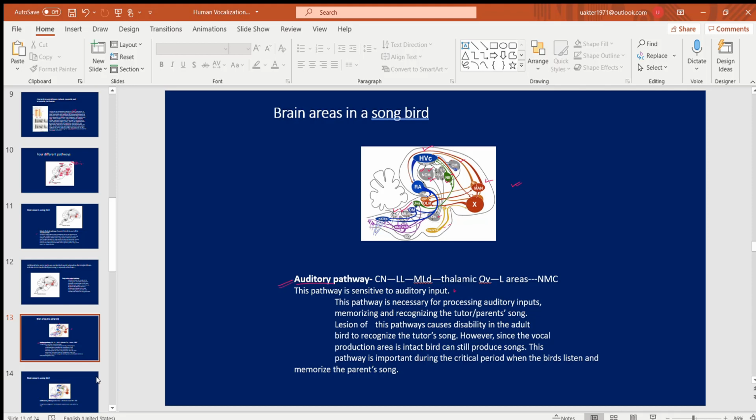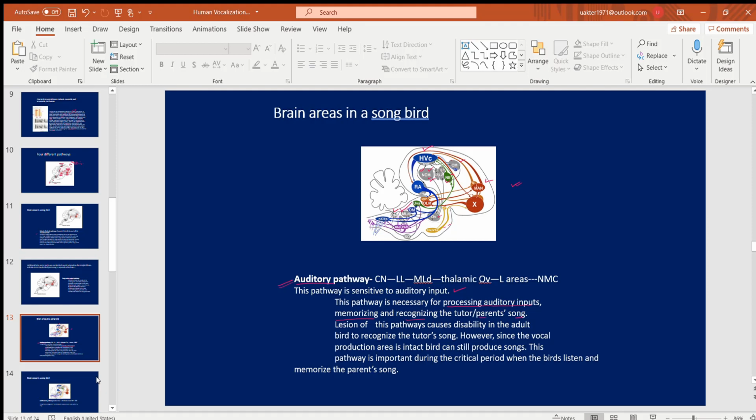So when the pupil listens to the parent song, these structures are activated to acquire that song. So this area is responsible for processing the auditory inputs as well as memorizing and recognizing the tutor's song.